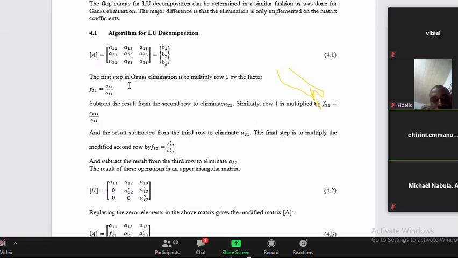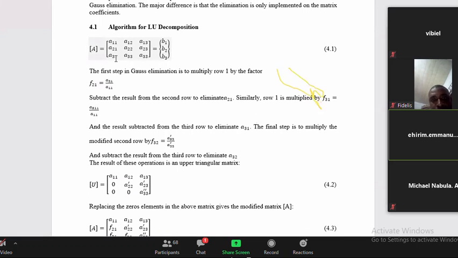And you know how we got to that place by eliminating x1 from equation 2 and equation 3 for the first column, and then for the second one, we eliminate x2 from the last equation. All right, and we get this matrix equation 4.2, which is the upper triangular matrix.